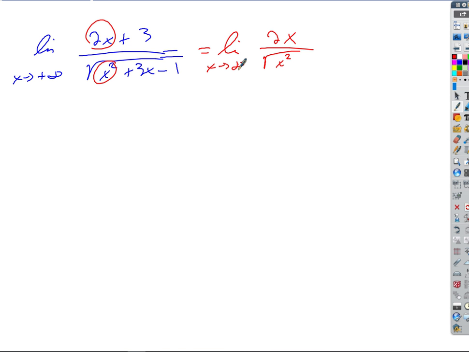Right? Do you see that? What is the square root of x squared? Absolute value of x. So this looks like the limit of 2x over the absolute value of x, right?